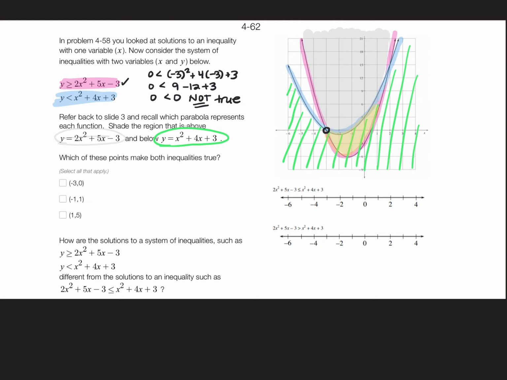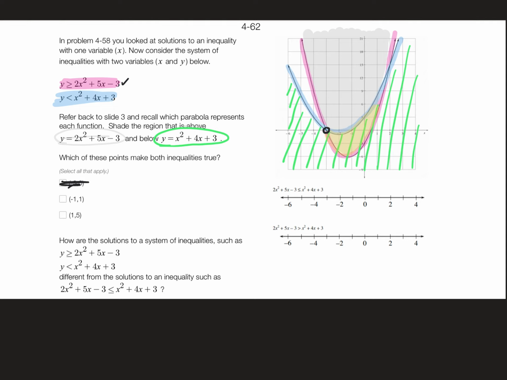So what this tells me is that if I have a less than or equal to sign or greater than or equal to sign, and the ordered pair is on the curve, it'll satisfy that inequality. But if your inequality is just less than, and the ordered pair is on the curve, that ordered pair will not satisfy that inequality. Okay, so we have to be really careful there. So negative 3, 0, no, that does not work.